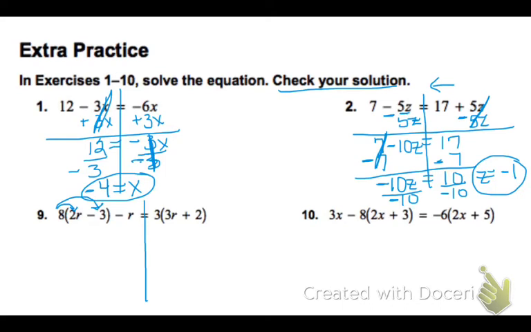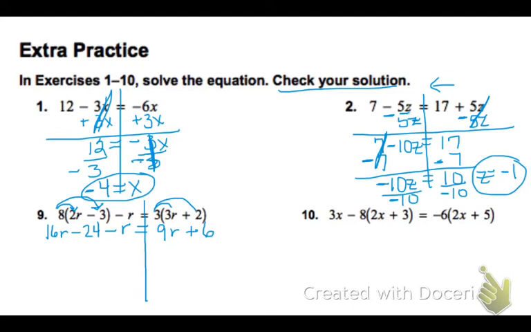the parentheses. So 8 times 2r is 16r. 8 times a negative 3 is negative 24. And then I simply finish with the negative r, and equal to, now I'm going to distribute this 3, so I'll have 9r plus 6.